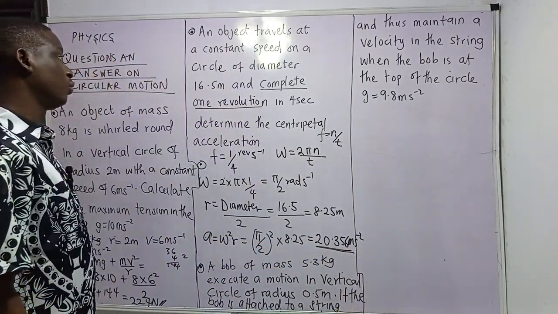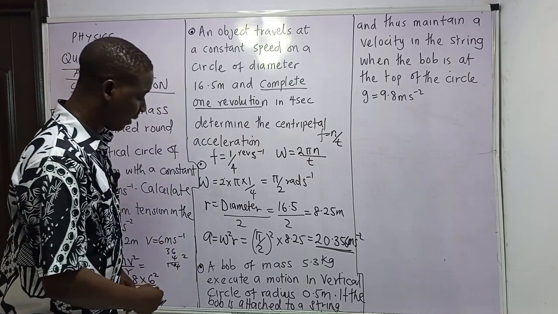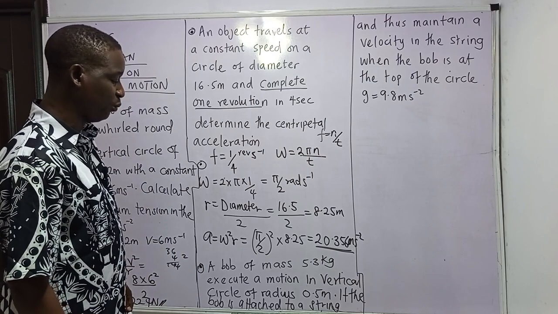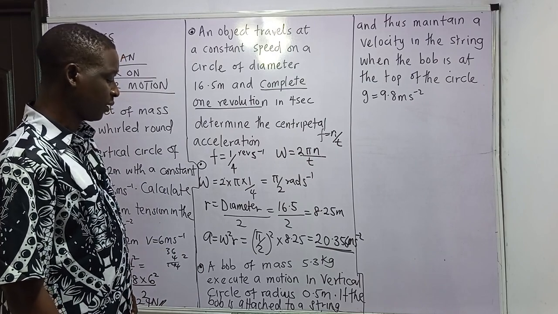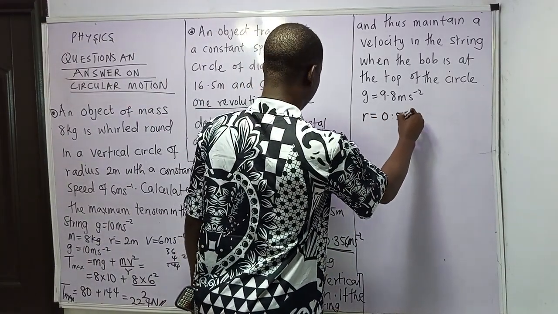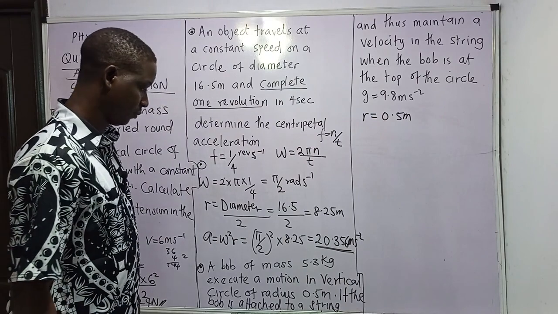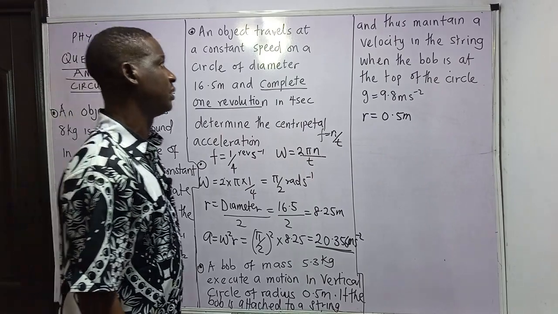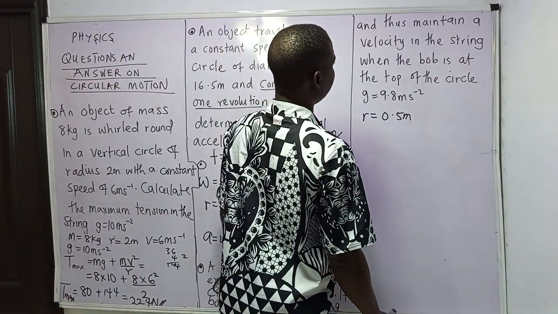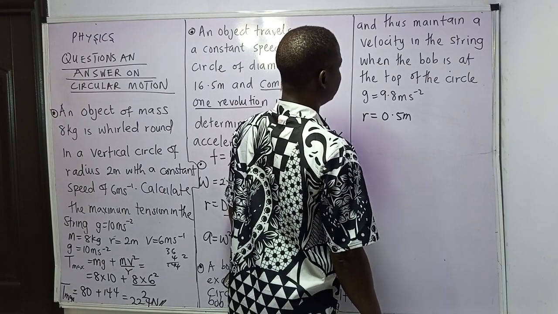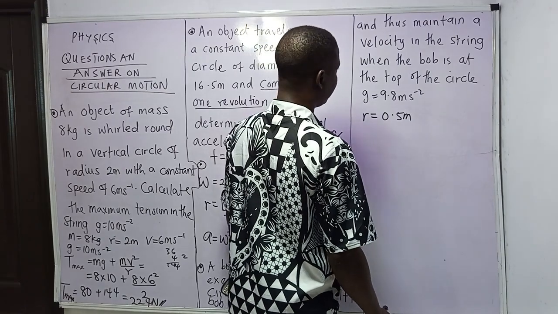Now the next one, let's say number 3: a bulb of mass 5.3 kg executes a motion in a vertical circle of radius 0.5. If the bulb is attached to a string and thus maintains a velocity in the string when the bulb is at the top.